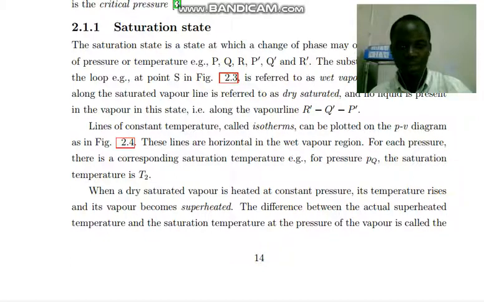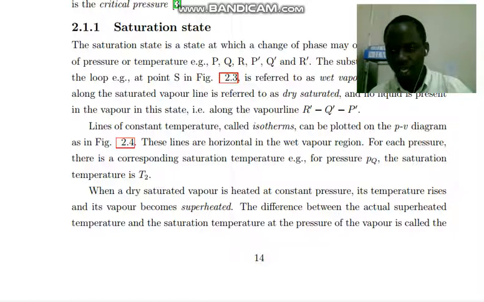For each pressure there is a corresponding saturation temperature, e.g. for pressure PQ the saturation temperature is T2. When a dry saturated vapor is heated at constant pressure, its temperature rises and its vapor becomes superheated.